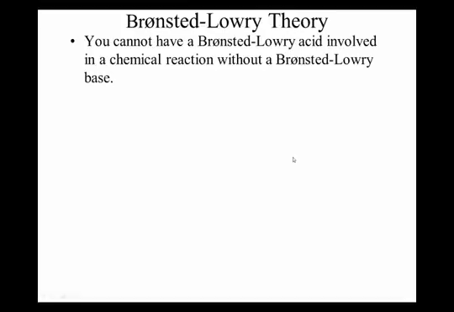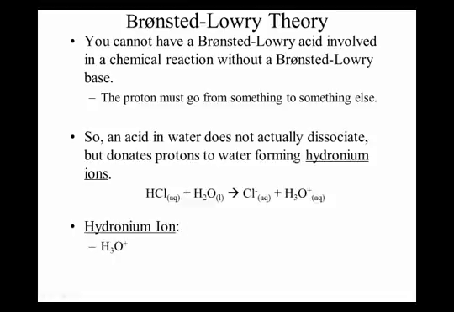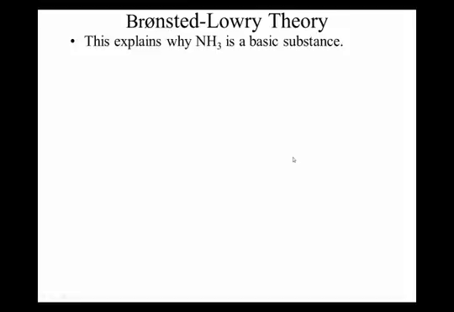The proton has to go from somewhere to somewhere. So it's a transfer of an H+ from the acid to the base. The acid doesn't just dissociate, it donates a proton to water. Here's a hydronium ion, and this also explains why ammonia is basic.